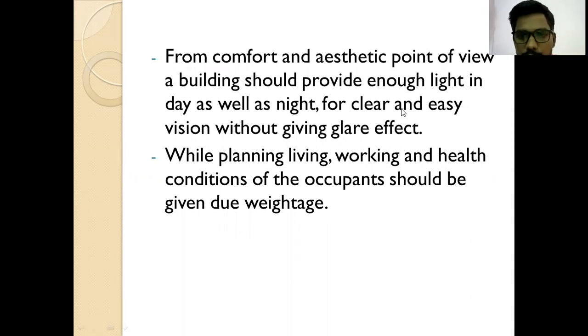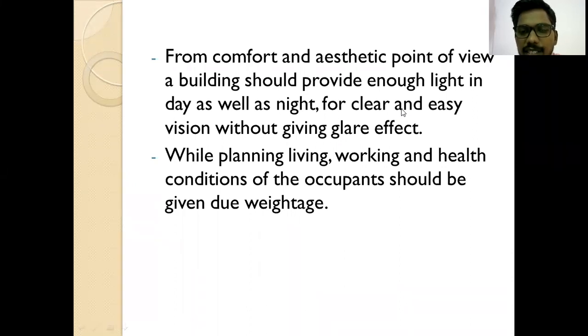Okay, so generally to achieve daylighting, we provide windows as well as ventilators. Generally ventilators are used for ventilation, but indirectly through these ventilators also we get daylighting.